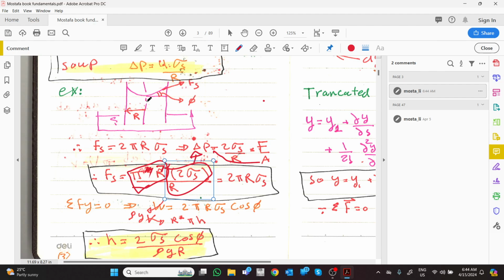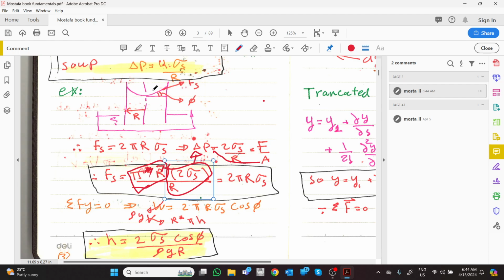Okay, so we need to know the stress analysis, also force analysis, sigma y. We know the force which is going to be parallel to this. We need to know what this angle is. Based on this angle, there is a sine, and this is a cosine. So the surface tension force F_s equals the weight of the water.